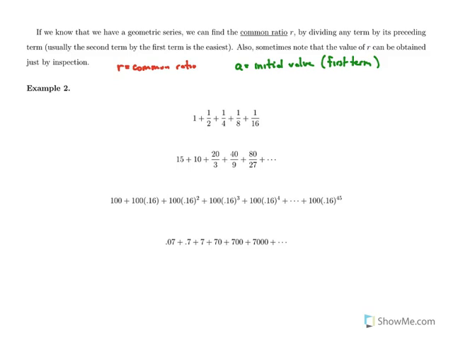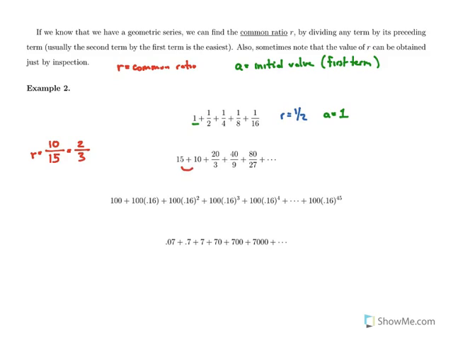So we already looked at this first one. This was r equals 1/2. And a here is just the value of the first term. That is 1. And note that this is a finite geometric series with 5 terms. This next one here, we can find r by taking any term and dividing it by its preceding term. In this case, we have 2/3.